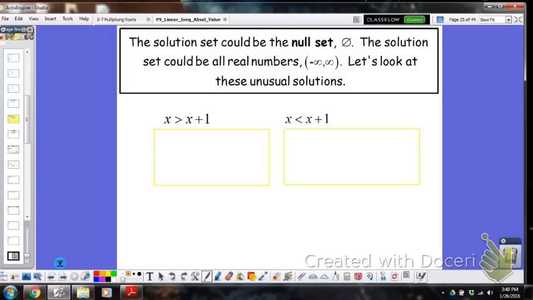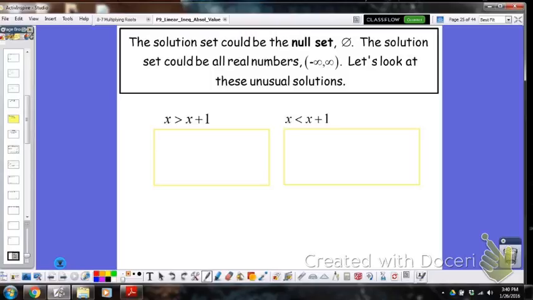Now, there are some solutions when we're working with inequalities where we can get something that's called the null set. And then there is a solution where we could get a set that's all real numbers. So we have one of each of these situations here. Let's do x is greater than x plus 1. Well, we need to get our variables on the same side.